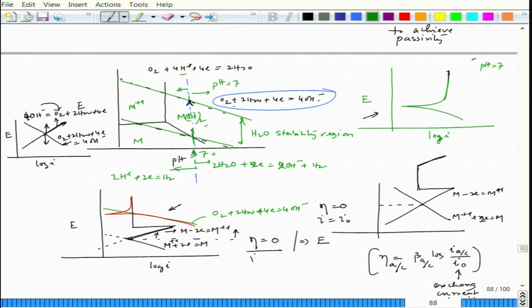Oxygen reduction line. Okay. Now, it also has its own oxygen evolution line.